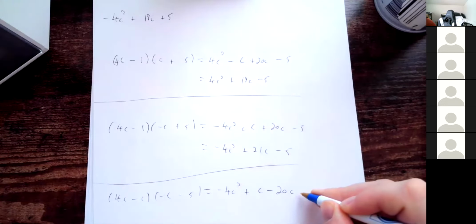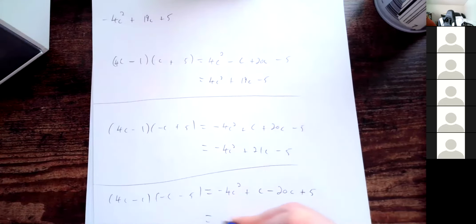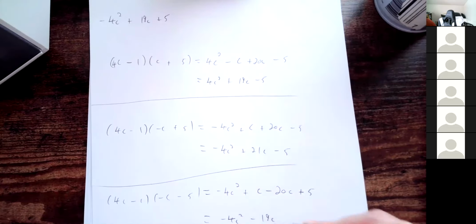And then negative 1 times negative 5 is plus 5. Minus 4c squared minus 19c. Oh, I see, but it should have been plus c, plus 19c. Yeah, that's frustrating. That's really close.